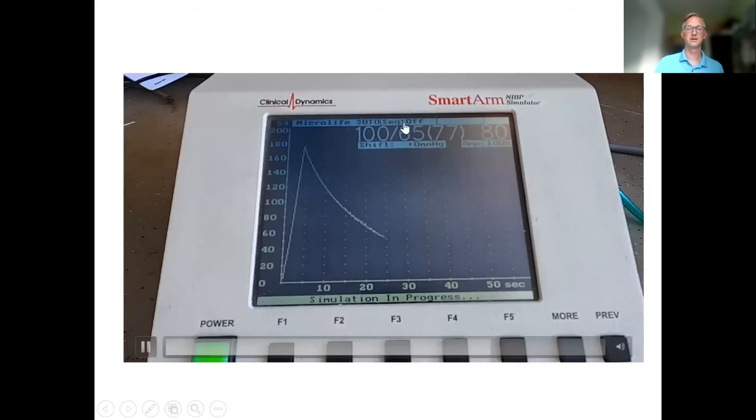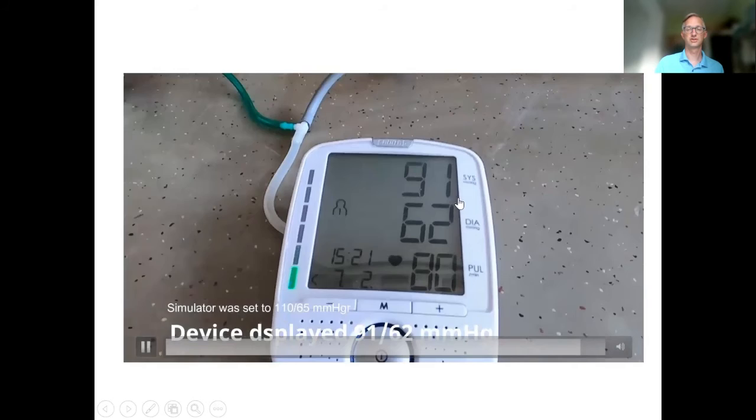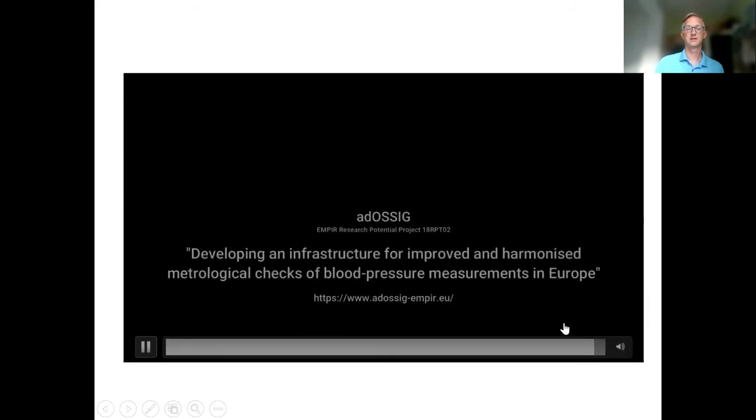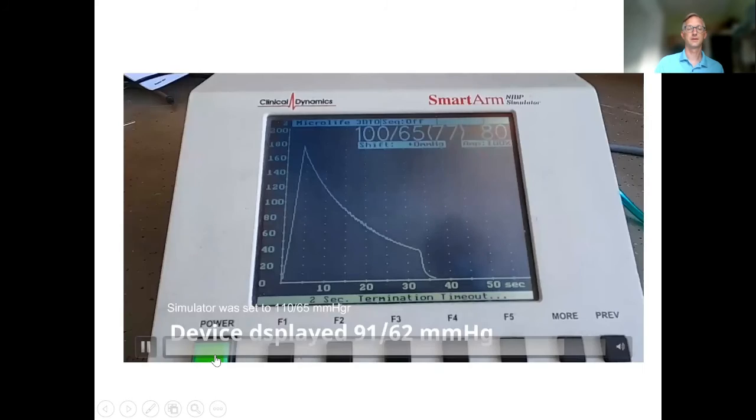This simulator is set to 100/65 with a pulse rate, heart rate, of 80. This is what this device should show. And it displayed, there was a bit of error, not a lot.